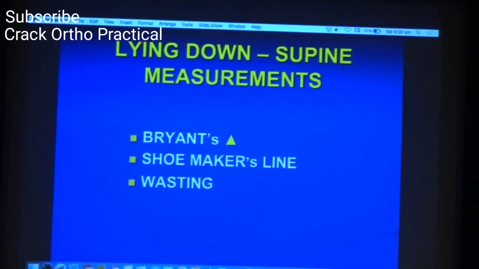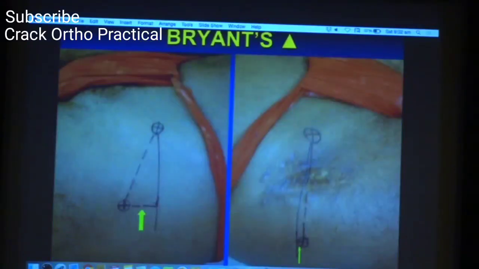Either you take the anterior superior iliac spine as the bony landmark, or maybe the proximal pole of patella, and at a point equidistant from this you take the circumferential measurements on both the normal as well as the abnormal side.